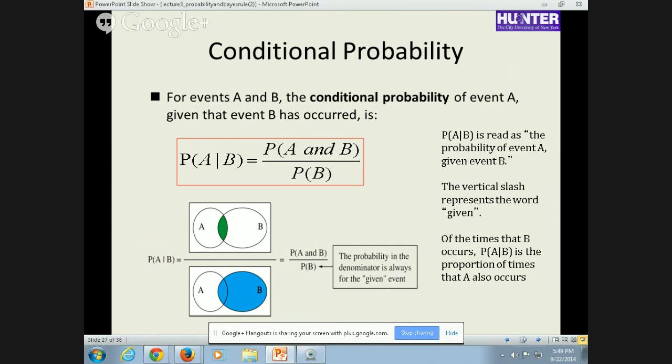In the case of the probability of having chlamydia given that you have heart disease, you have to have both, right? You have both chlamydia and heart disease, and then it's divided by the probability of you having heart disease, the given event.